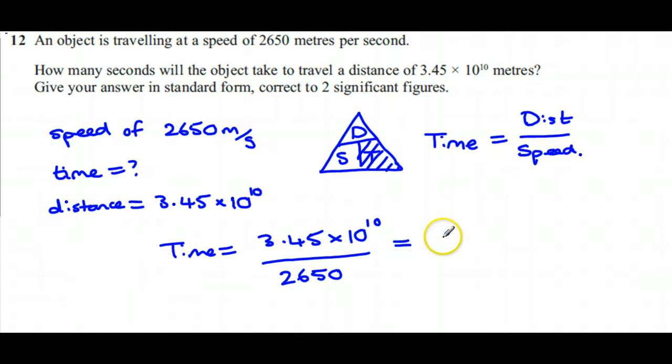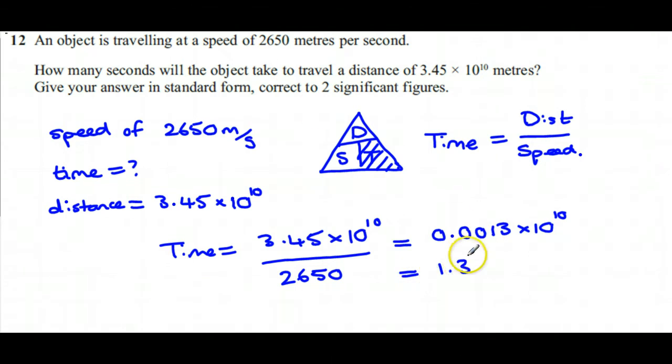If I do this the non-calculator way, just so you're aware of it, should you encounter it in a non-calculator paper, if you do 3.45 divided by 2,650, you end up with 0.0013, and then we haven't yet dealt with the times 10 to the 10. Now, because I want to turn this into standard form, I want to turn it into 1.3.